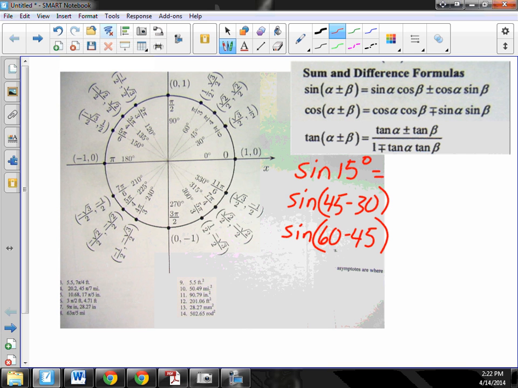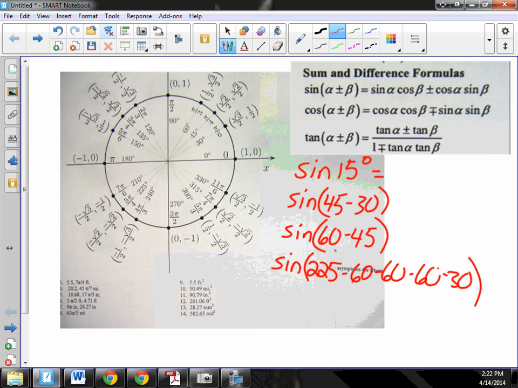Do you want to know a really bad way to create 15 degrees? We could do the sine of 225 minus 60 minus 60. So I'm down to 105 minus 60. That would be 45, oops, minus 30.